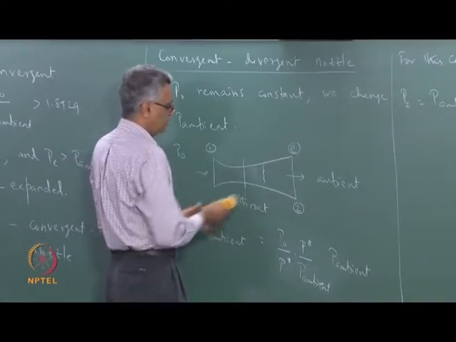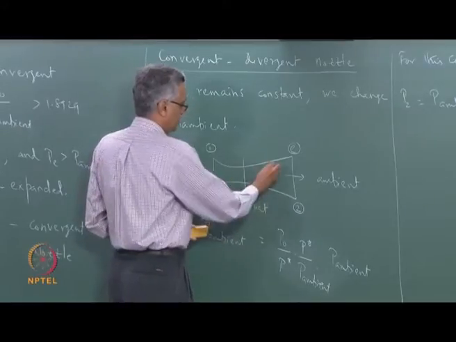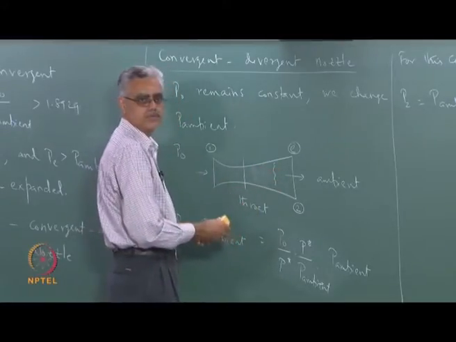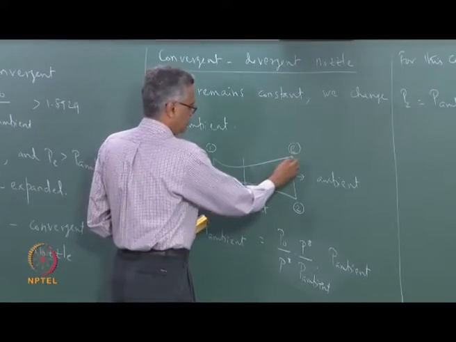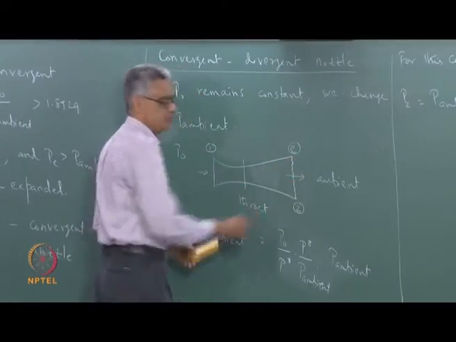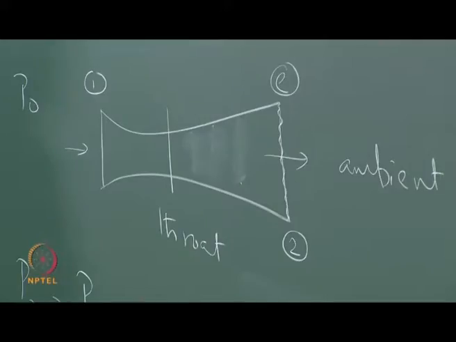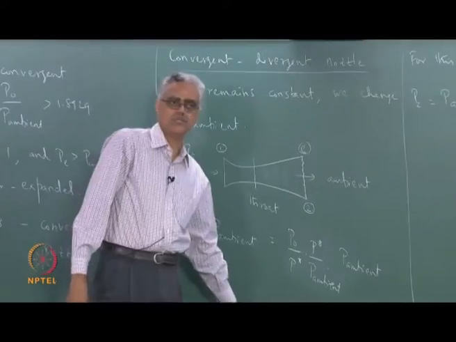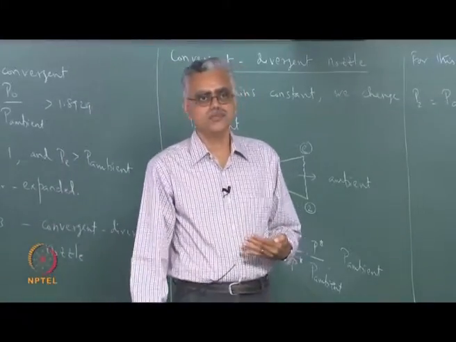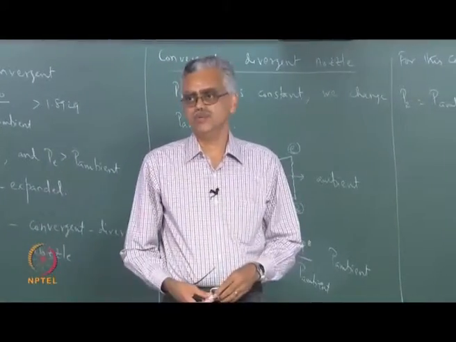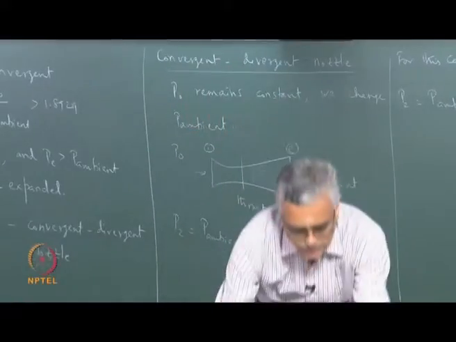If I lower it a little bit more, then the normal shock moves further downstream, okay, and then we lower it enough that it finally positions itself just at the exit. So that is when the normal shock is the strongest and the loss of stagnation pressure is also the highest possible, okay, and that is what is shown in this figure.